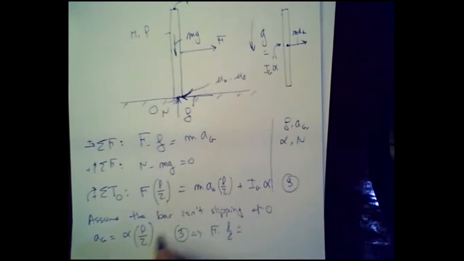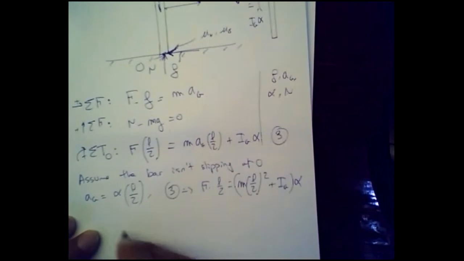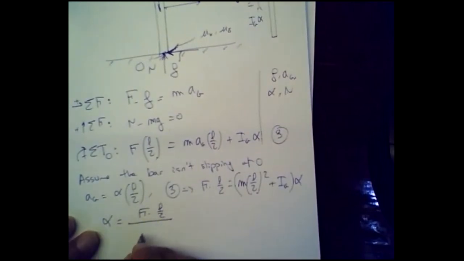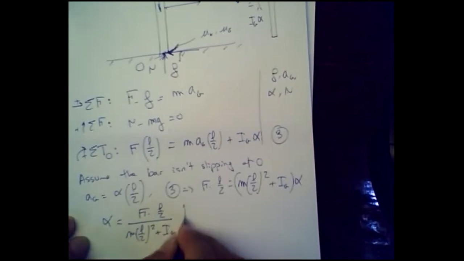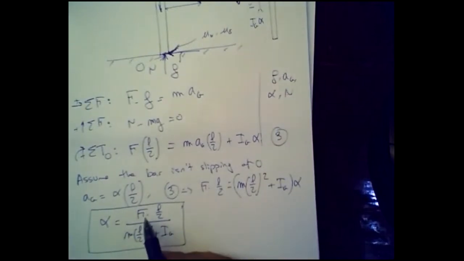AG is equal to alpha L over 2, so I'm going to end up with M L over 2 squared multiplied by alpha, plus I_G, factoring out alpha. And then I'm able to get alpha: alpha is equal to F times L over 2 divided by M (L over 2) squared plus I_G. So we actually got that. All right, so now you have alpha. What can you get?